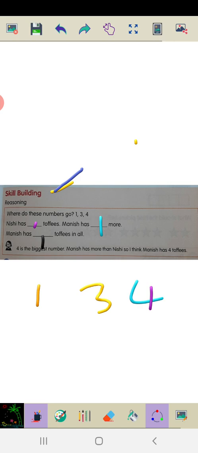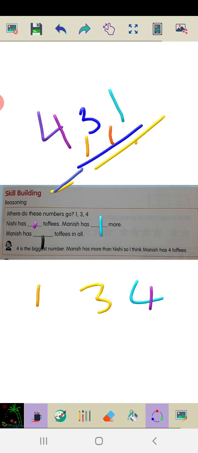So how many toffees does Manish have in total? Keep the other numbers 4, 3, 1 in different combinations and try to find out how many toffees Nishi has, how many more Manish has, and finally how many toffees Manish has in all.